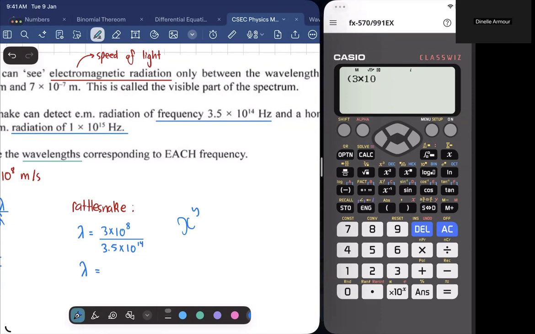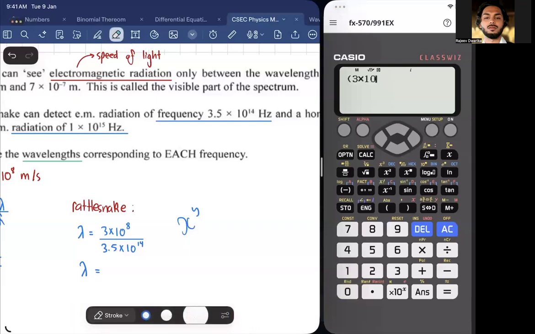I'm seeing X with a square root of Y. Wait a second, I'm looking for the button.